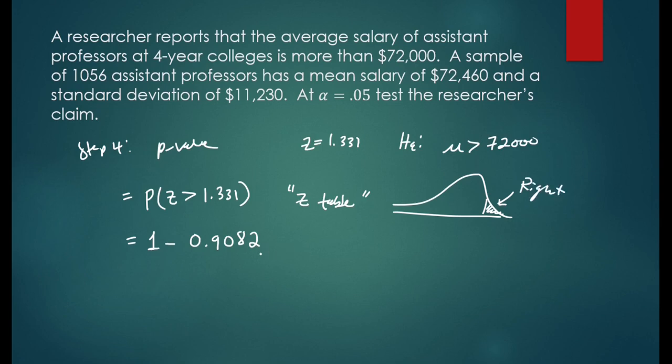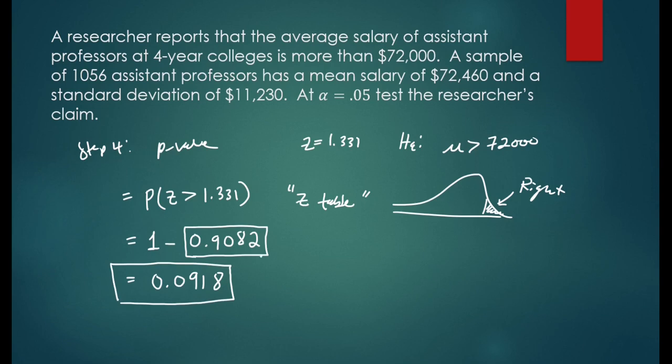Since it's the area to the right, we have to subtract from 1, and this number is obtained from the z table. 1 minus 0.9082 yields a value of 0.0918. So this is our p-value. And again, we do not need to double it because this is a one-tailed test.